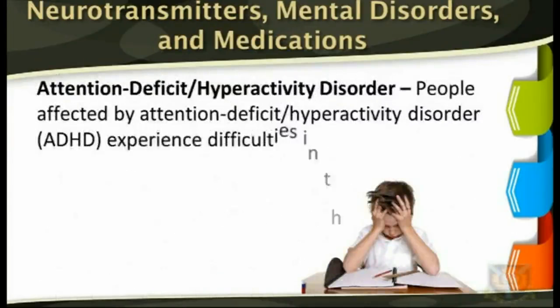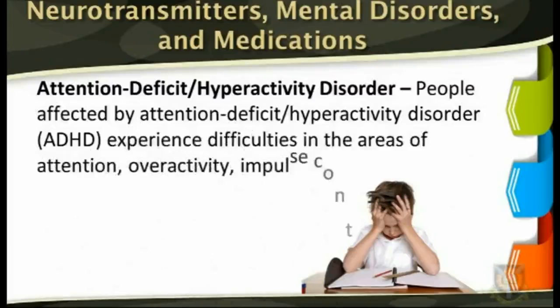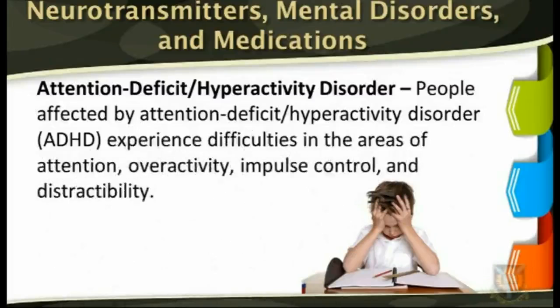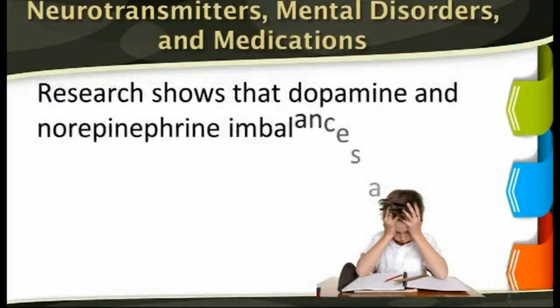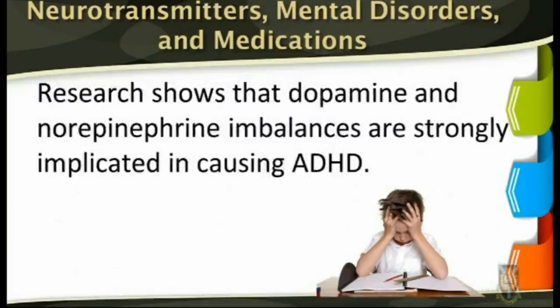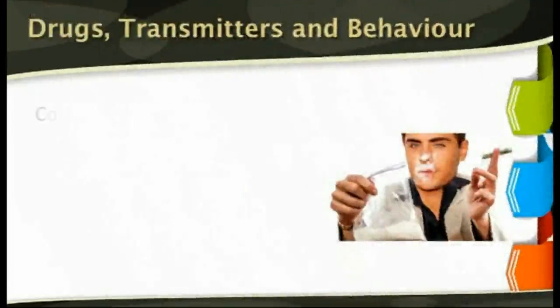People affected by attention deficit hyperactivity disorder (ADHD) experience difficulties in the areas of attention, overactivity, impulse control, and distractibility. Research shows that dopamine and norepinephrine imbalances are strongly implicated in causing ADHD.